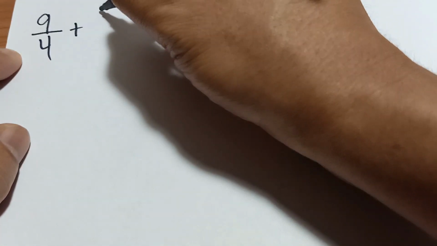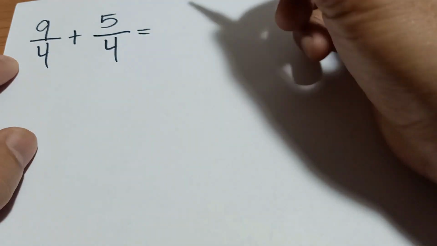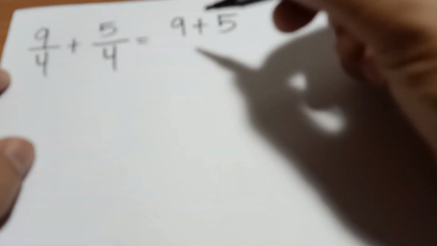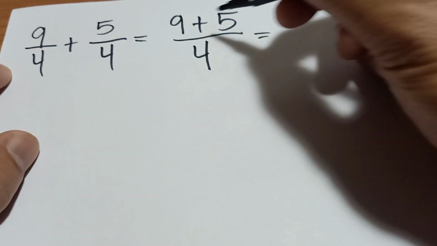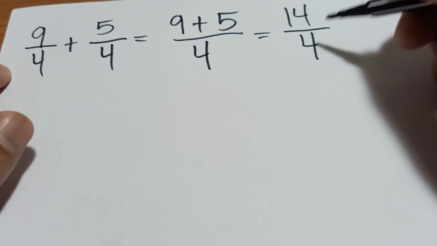Plus, let's say, 5 over 4. Again, it's the same process. So 9 plus 5 over 4, where 9 plus 5 is 14 over 4.